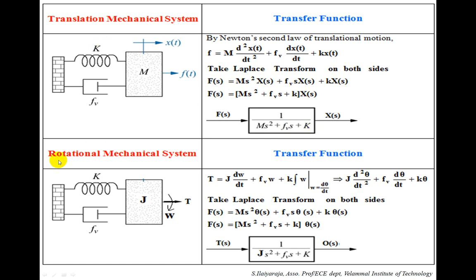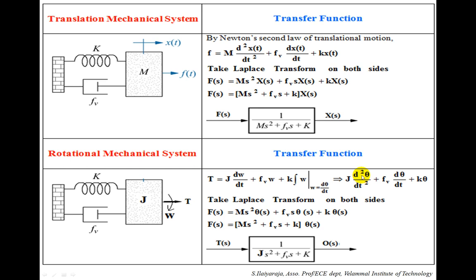Similarly, we can write the transfer function for a rotational mechanical system, with the spring, damper, and inertia. You can see these two for comparison. Here force is applied, here torque is applied, and here displacement, here angular displacement. So by Newton's law, T equal to J dW by dt plus f W plus K integral W. We know W as d theta by dt.